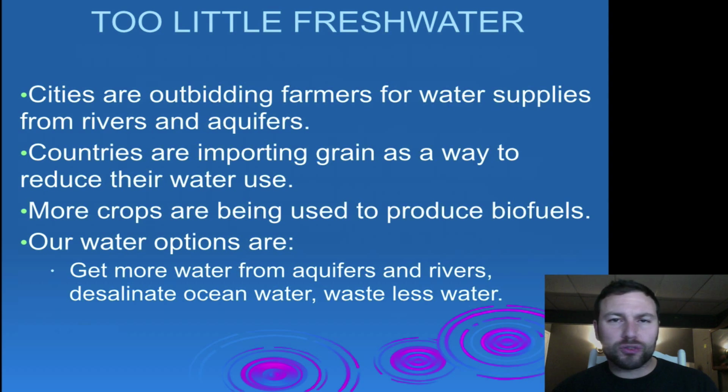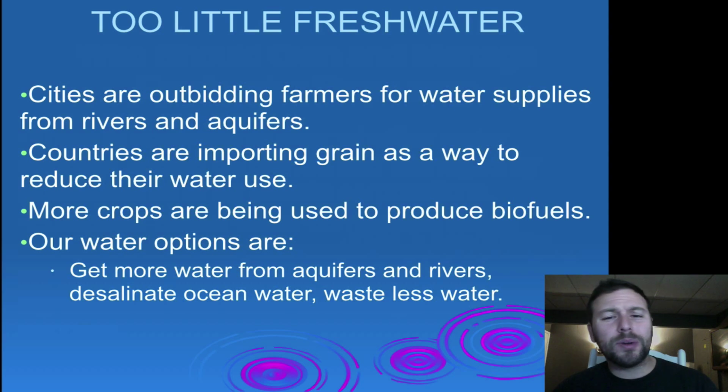Farmers are straining water supplies immensely, pumping from rivers and aquifers, dropping that water table down. Countries that have issues with water supply, we see them importing grain because agriculture uses so much water. It's easier for them and cheaper for them and less stressful on their water systems, so they import grain or any other agriculture into the area.